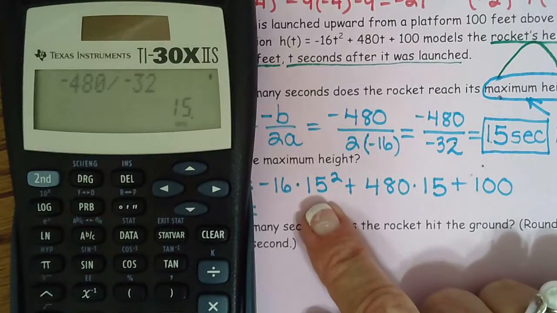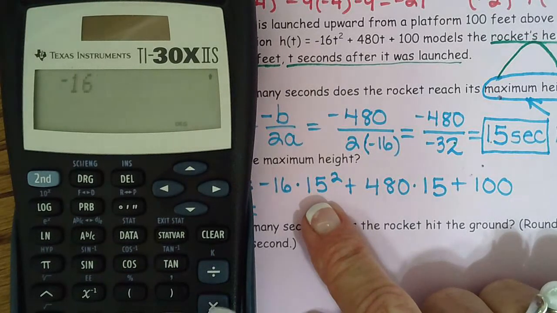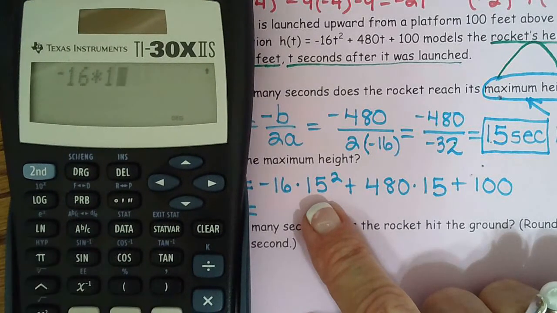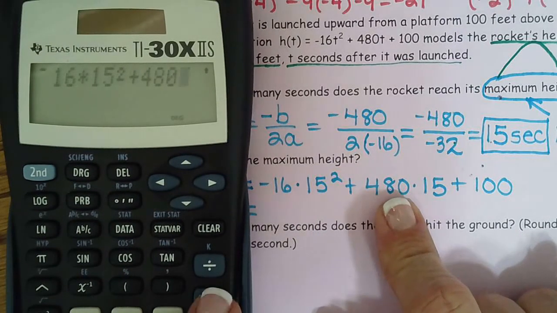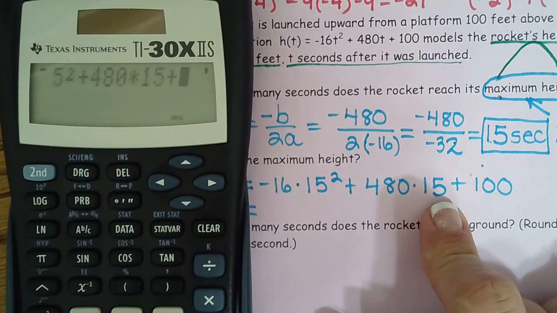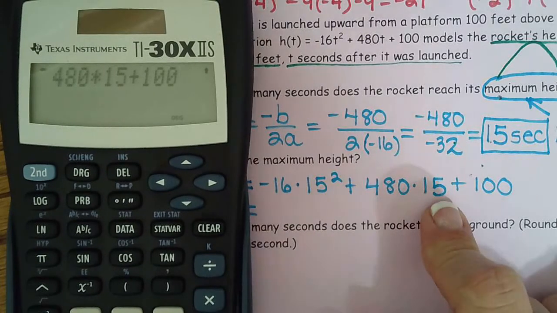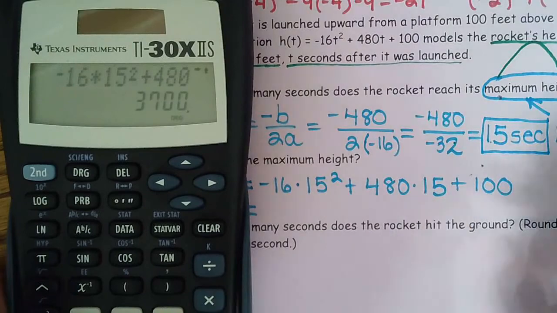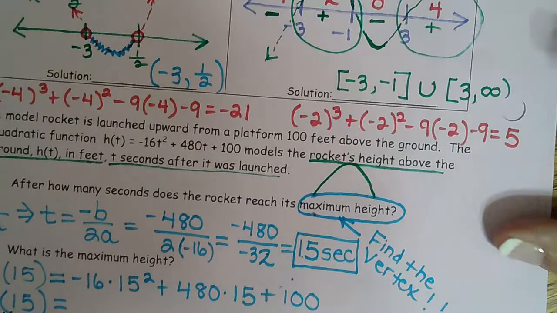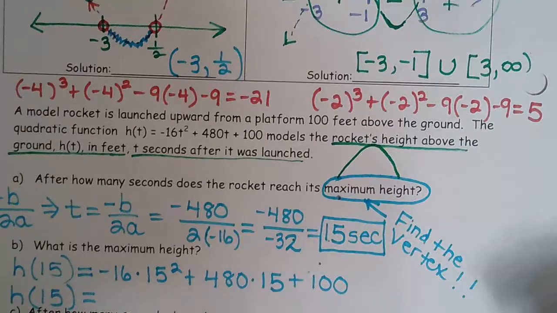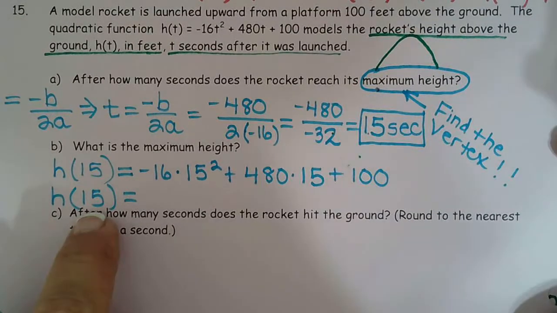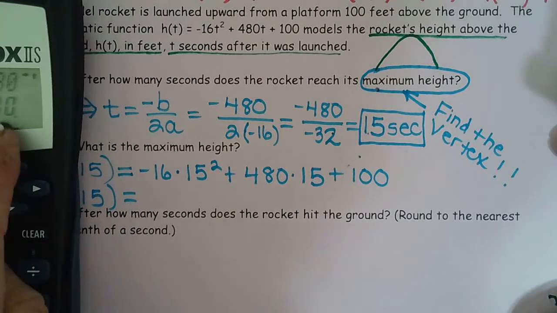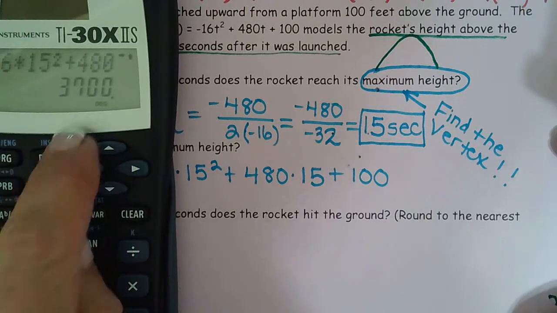So that's what we're going to type in, negative 16 times 15 squared plus 480 times 15 plus 100. And that gives us 3,700. And so we continue using our function notation because that tells us everything we need to know. So this says the height after 15 seconds is 3,700 feet.